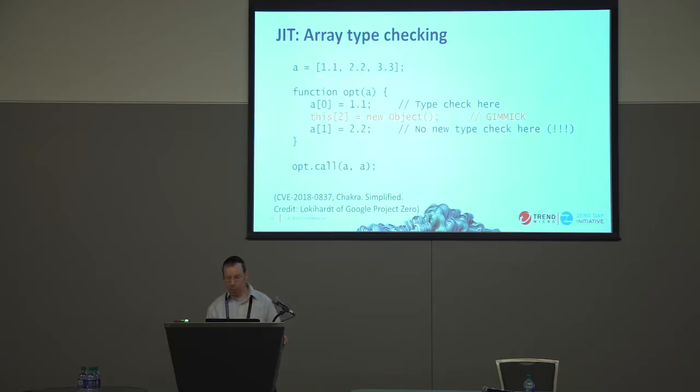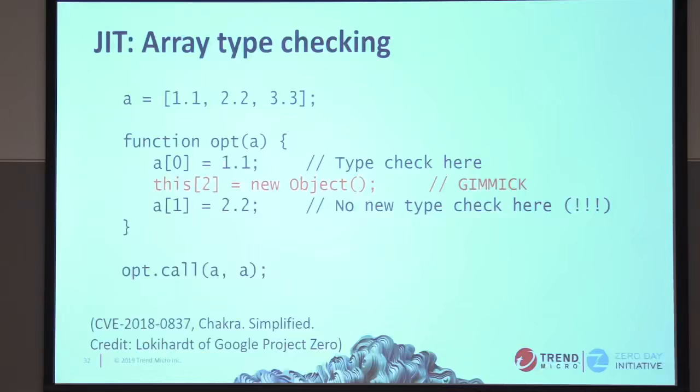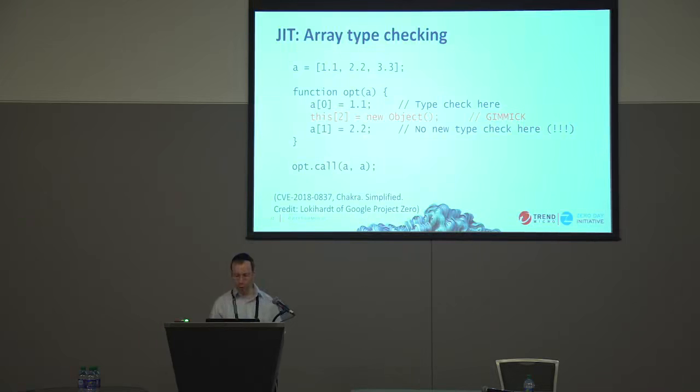Sometimes the gimmick can modify the array without actually having to achieve arbitrary script execution, like in the previous case where we had a custom method that would execute in the middle. Have a look at this gimmick, which was discovered by Loki Hart of Google Project Zero. Here the gimmick is to assign an object into an index of this. Now, there's a JavaScript feature called function.call that allows you to specify anything you want as the this parameter when calling a function.